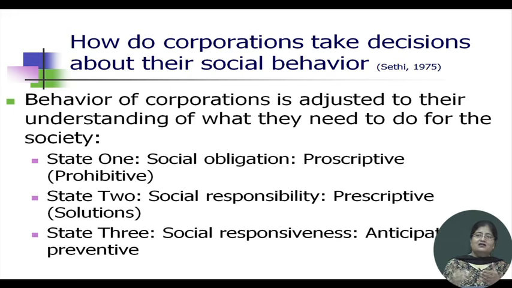And then state 3, where they understand that it is their responsibility to look after the environment, so they become responsive, which means they anticipate the needs of the community, of the environment, of the society, and they start taking preventive measures, active steps to prevent the problems that can occur in the society, in the physical environment around them.